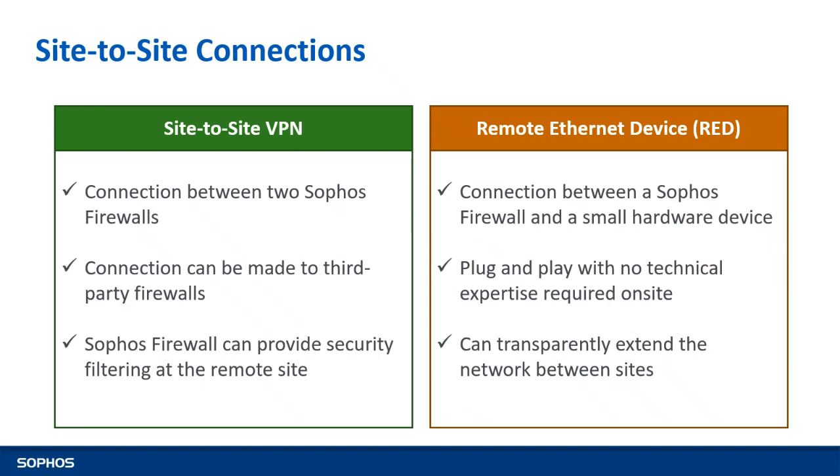The REDs are plug and play and do not require any technical experience to connect at remote sites. Okay, the RED tunneling technology can also be used to establish connections between firewalls without using additional hardware, and this can be used as an alternative to the other site-to-site VPN options.